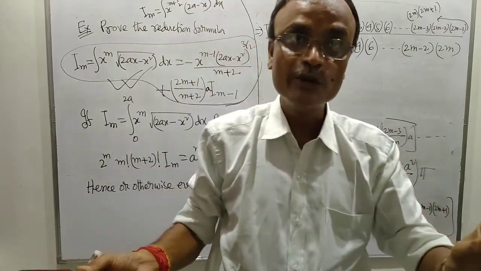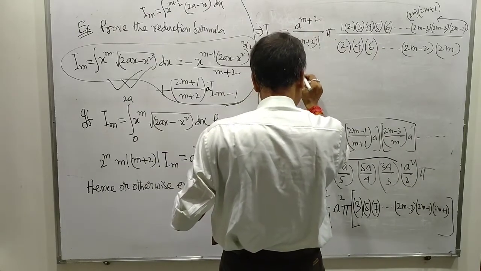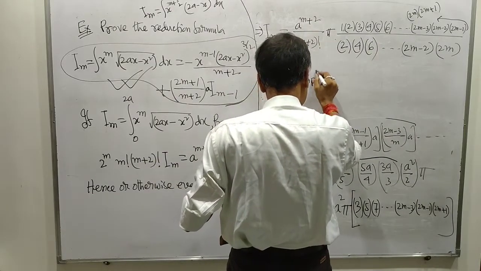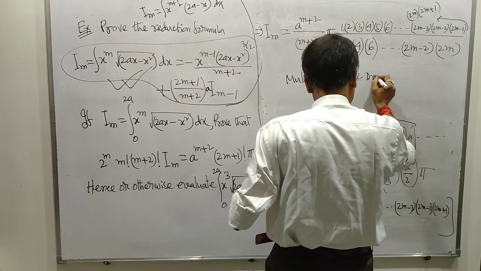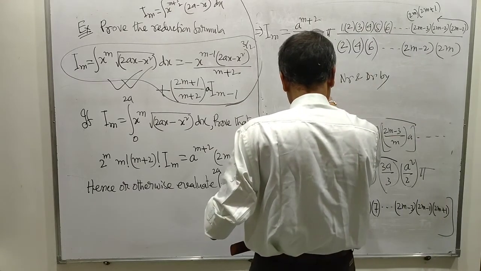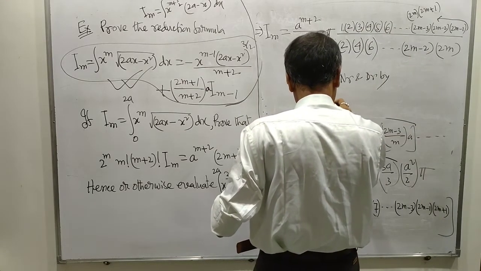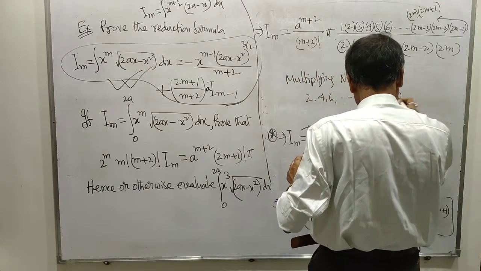Multiplying numerator and denominator by... what does it mean? Multiplying numerator and denominator by 2 into 4 into 6 into dot dot dot twice m minus 2 into twice m.